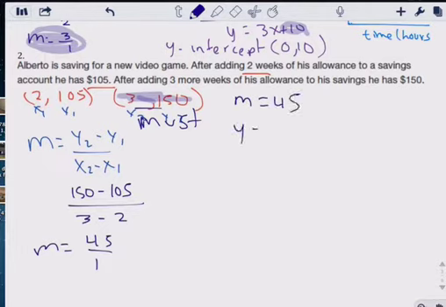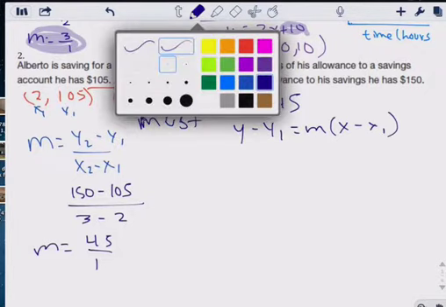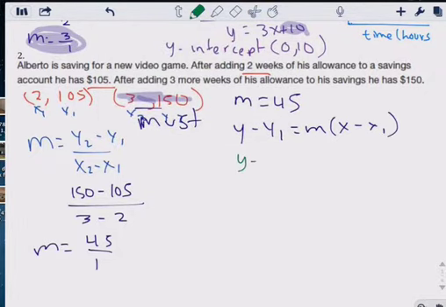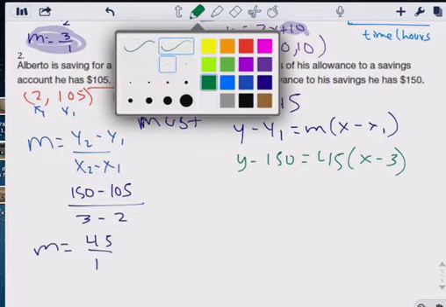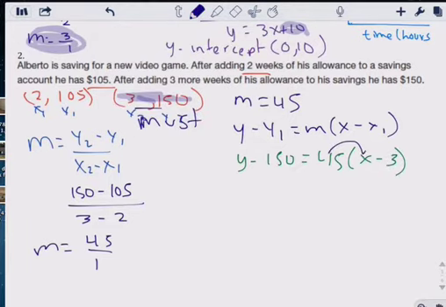So y minus y1 equals m parentheses x minus x1. Important to write the formula each time. y minus 150 equals 45 parentheses x minus 3. Okay. Distribute 45x, distribute 135, I believe, yeah, minus y minus 150.